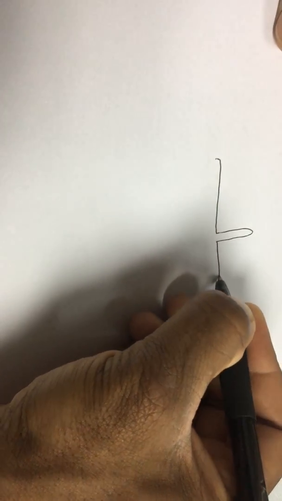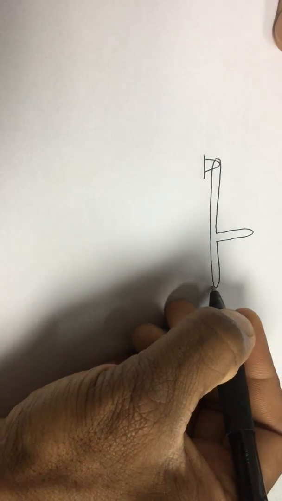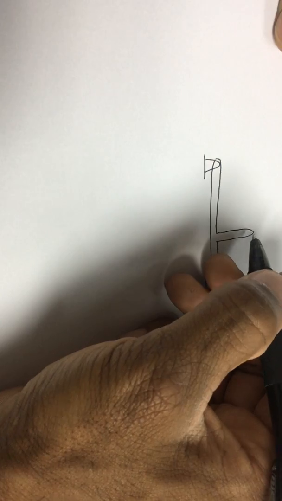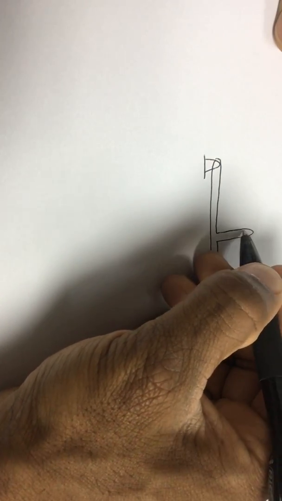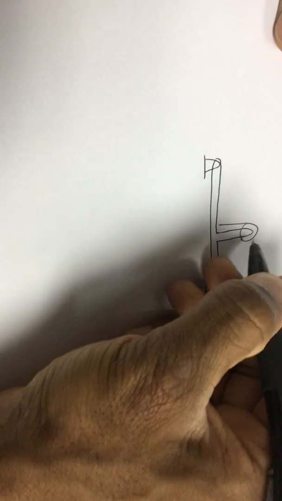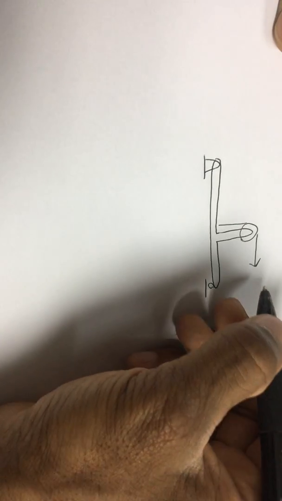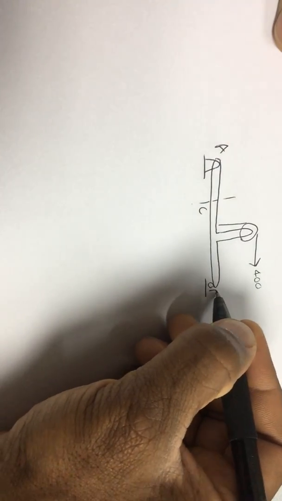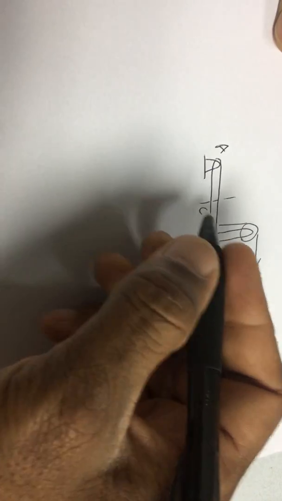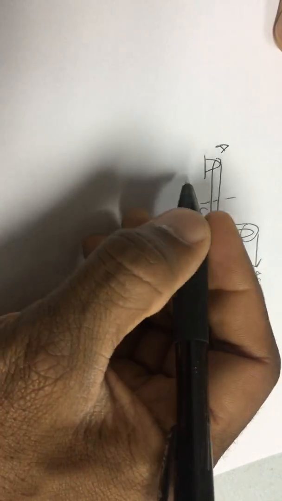We have this piece here, pin connection and the roller connection, and we have a load here, 400 newtons, right? And you have the cut at C, pin at A, and the roller at B, right? So how would this look?